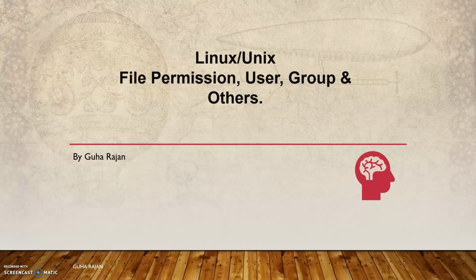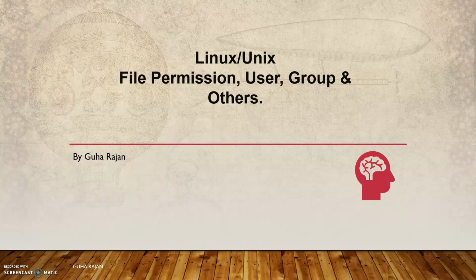So we'll look at that, and as a matter of fact, a similar kind of setup is what you'll see in the cloud infrastructure as well. It's called identity access management. So if you have good knowledge of Linux Unix, then it is far easier to understand identity access management in any of the cloud environments, be it Oracle, AWS, Google Cloud or Azure.